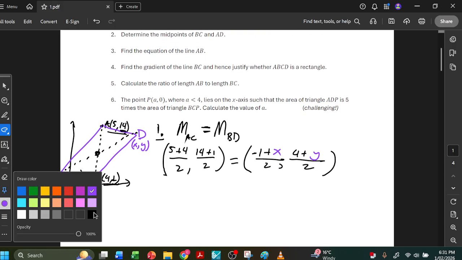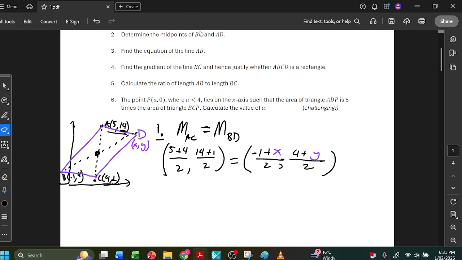Now, at this point, you can basically just treat this as 2 equations that we're trying to find x and y in. If we were to try and solve for x, we can see that (5 + 4)/2 needs to be equal to (-1 + x)/2. If you multiply both of those sides by 2 and then add 1 to both sides, we're going to see that x is equal to 10.